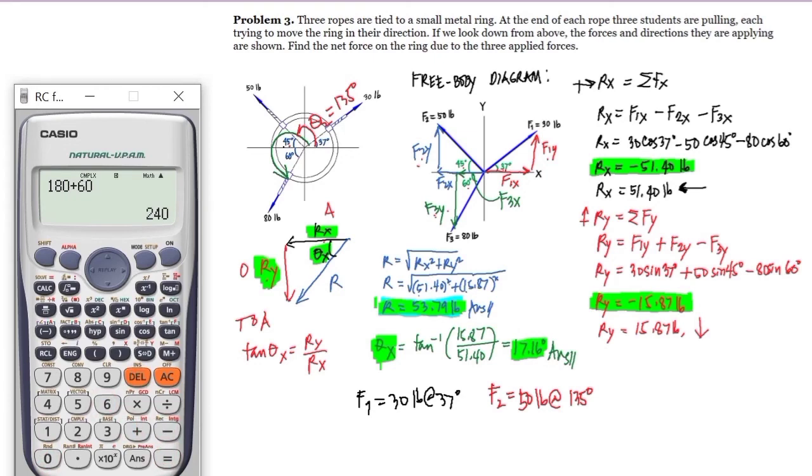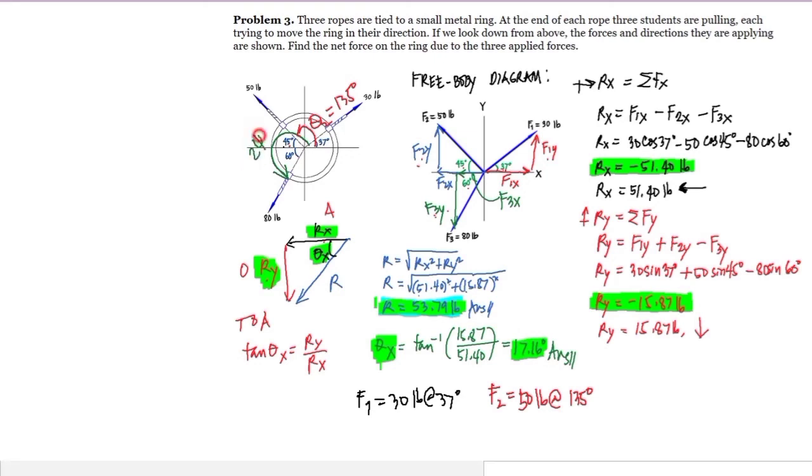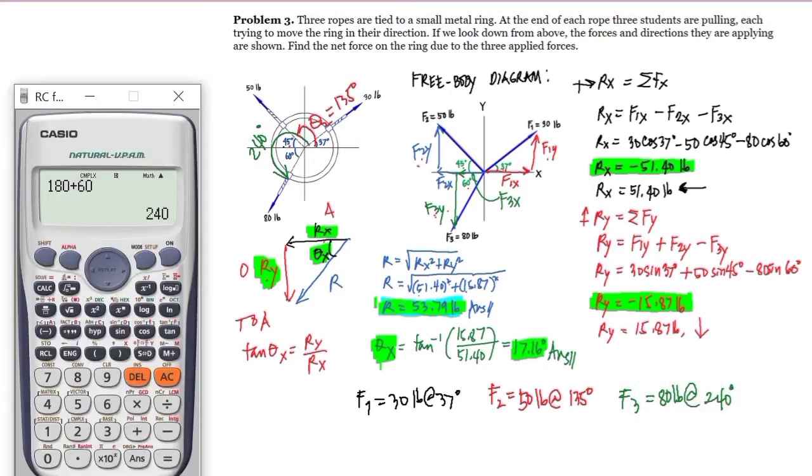So we have 240 degrees. So this is 240 degrees standard. So force 3 is equal to 80 pounds at 240 degrees. Now, using the calculator, so naka-complex mode na, pero pakita ko ulit.